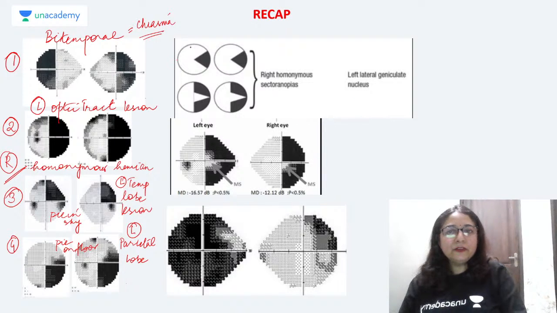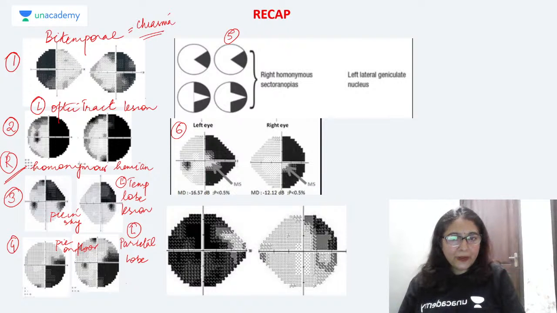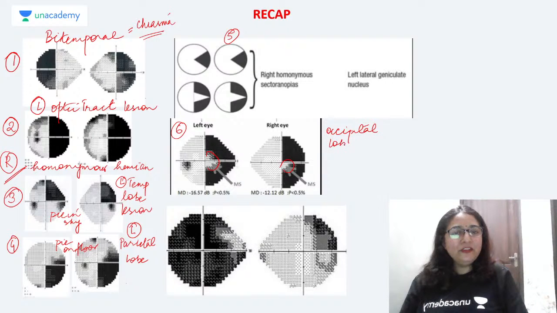First of all, moving to figure number 6, and later we will come to figure number 5. Figure number 6, hemianopia but showing macular sparing. This is seen in occipital lobe lesions, occipital cortex lesion, especially infarction. Okay, and number 7, I think you can very well identify now.